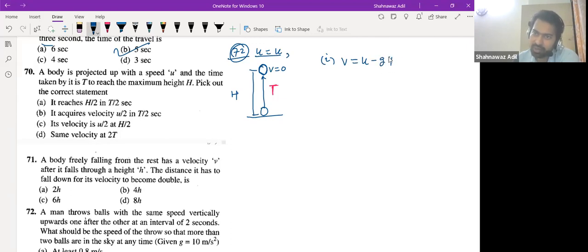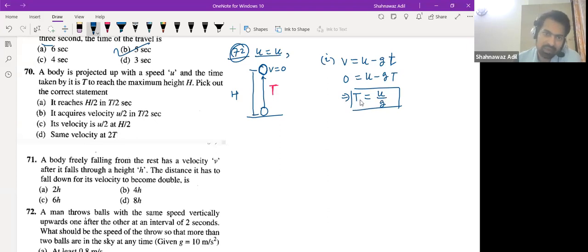So v is now zero at t, so my velocity is zero at t. So we know that this t is u by g, right? Yes, sir.